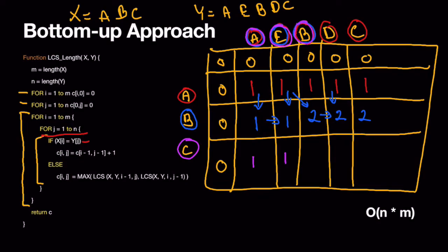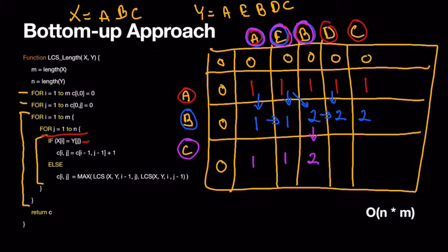And now, which is 3 comma 3? Not equal. So we look at 2 comma 3. Well, that's 2. And 3 comma 2, that's 1. Max value is 2. C, D, 3 comma 4. 2 comma 4, that's 2.